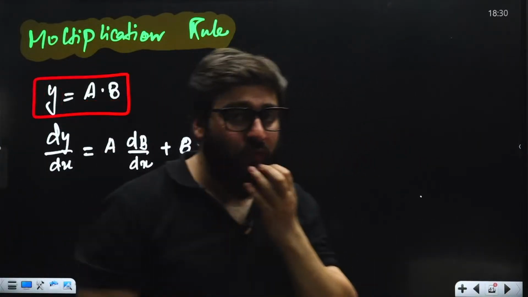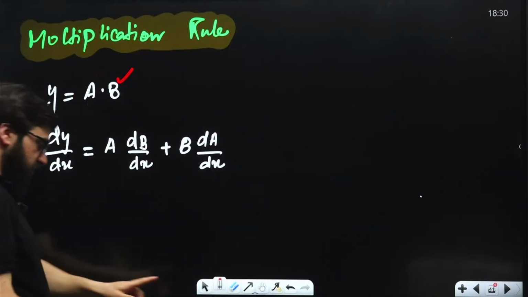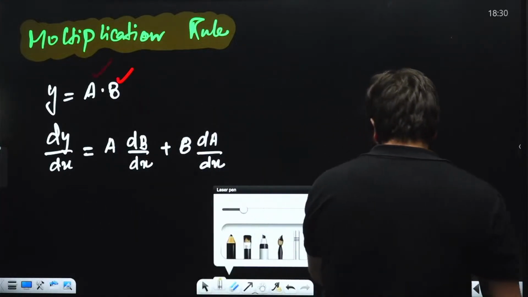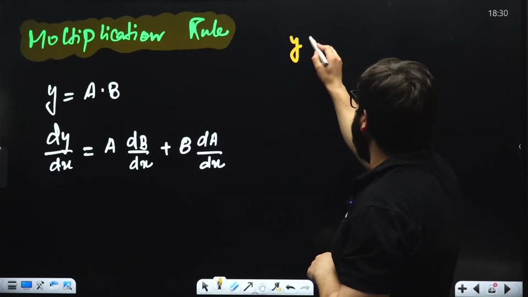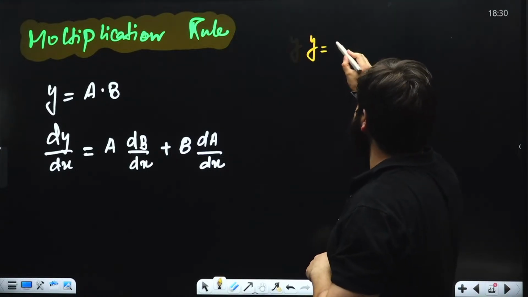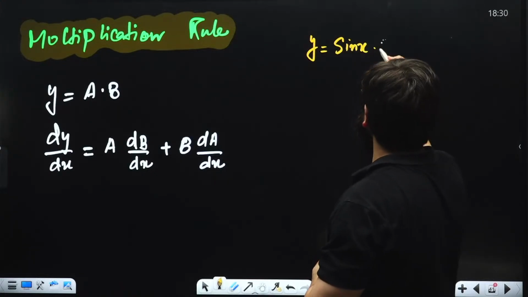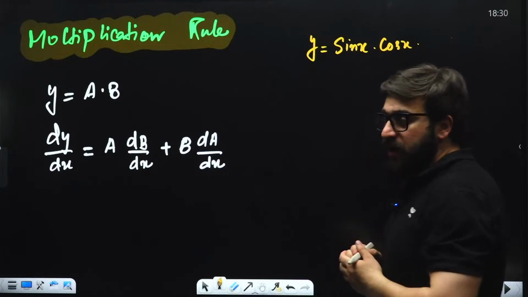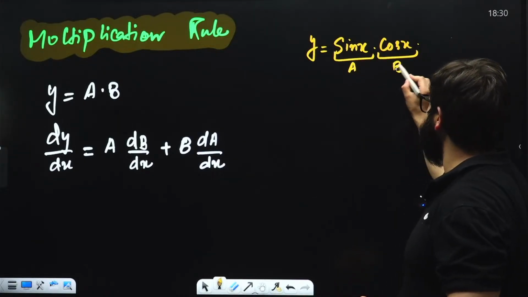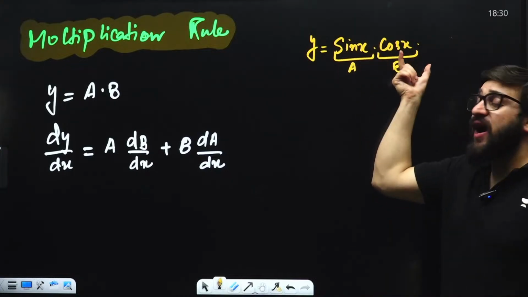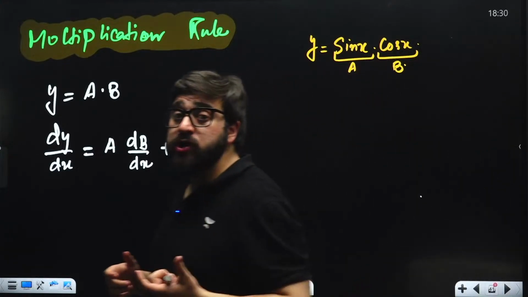If you have y is equal to a multiplied with b, this is one function, this is another function. Like y is equal to sine of x into cos of x. You can consider this as a, and this as b. They are multiplied with each other, so here we use the multiplication rule.